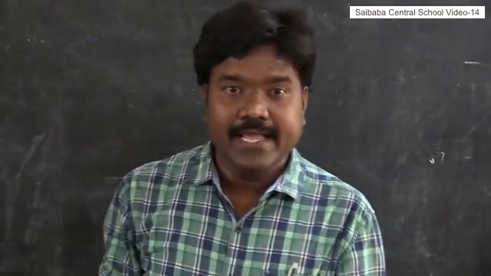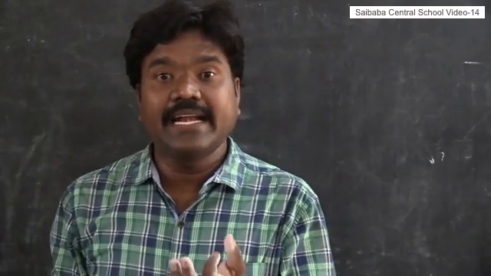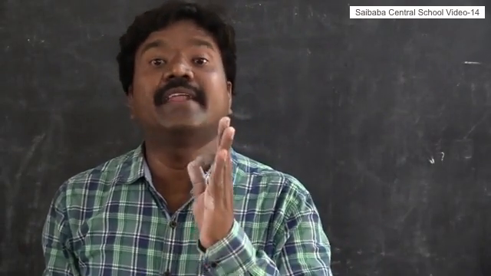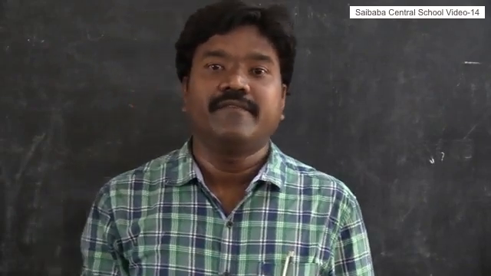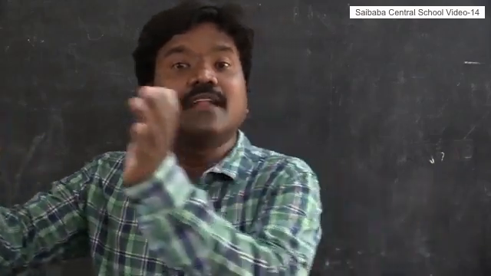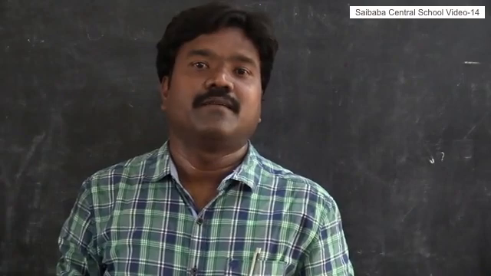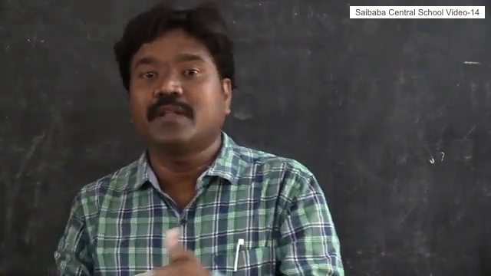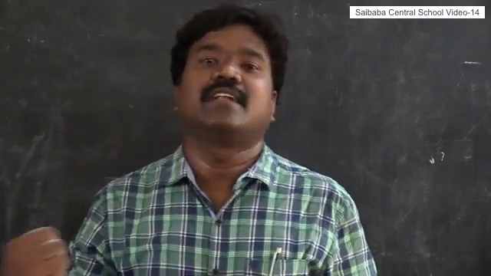If we add, subtract, multiply, divide two irrational numbers, then that result may or may not be irrational. The final answer, if we add two irrational numbers, may be rational or irrational. Sometimes we are getting irrational numbers, sometimes rational numbers.